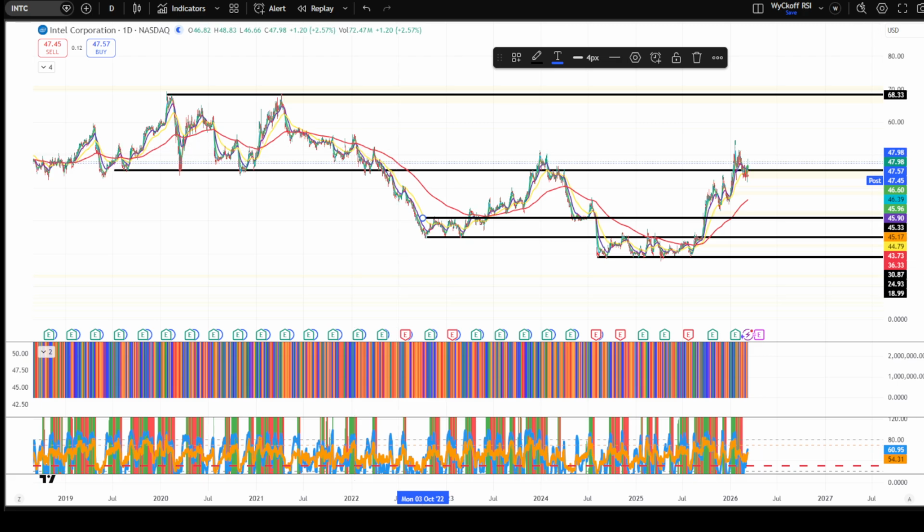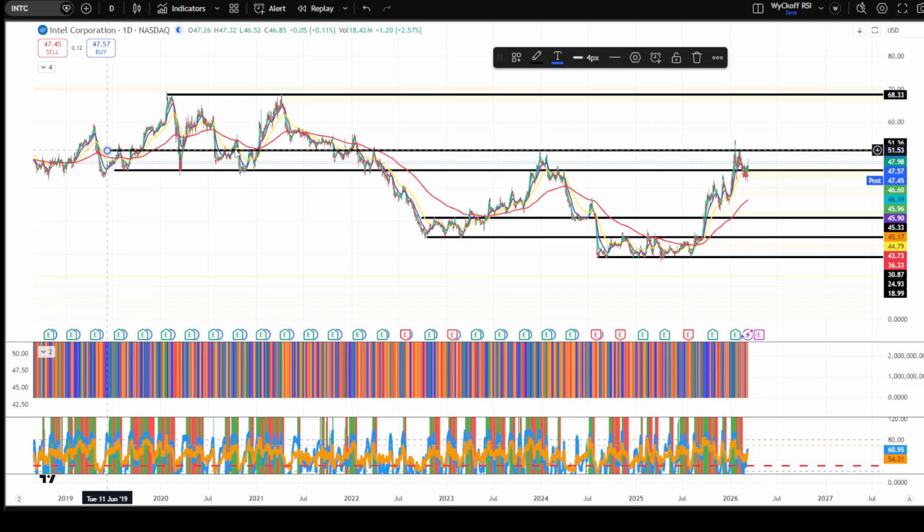And because there was already an established resistance right here, it failed to break back into the higher range nor consolidate in this range, so it dropped down.